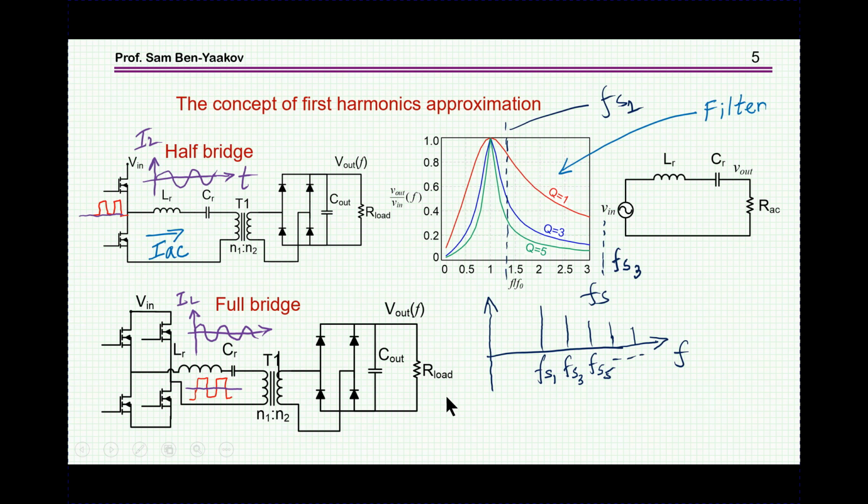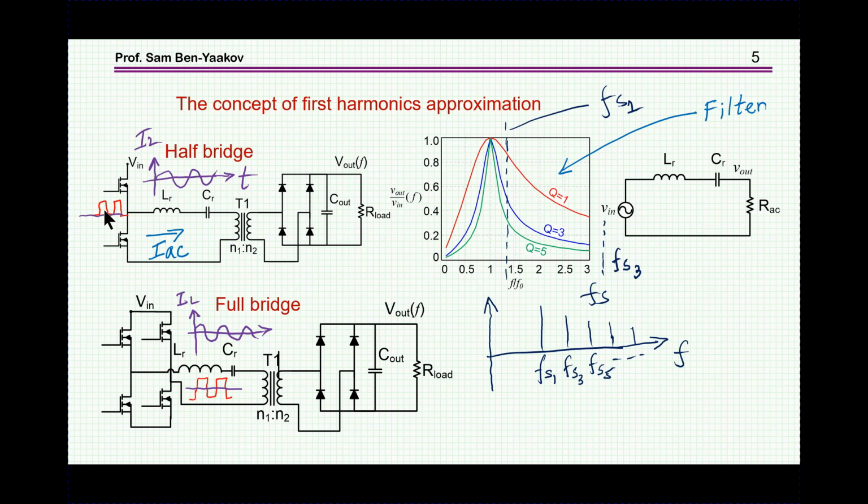Another issue is the square wave that we have at the input, which is also nonlinear, and it's not lending itself to phasor analysis, because in phasor analysis you'd like to have one frequency, or you'd like to sweep over frequencies, and here we have a square wave.